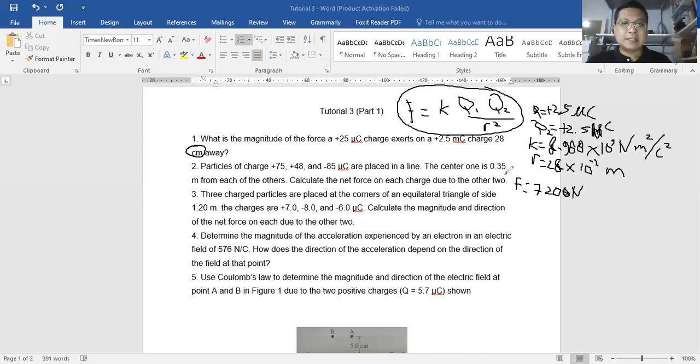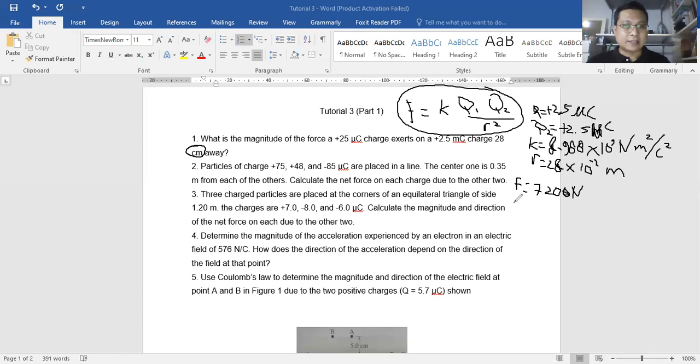So the R is 0.35. The question: calculate the net force on each charge due to the other two. So you should combine.